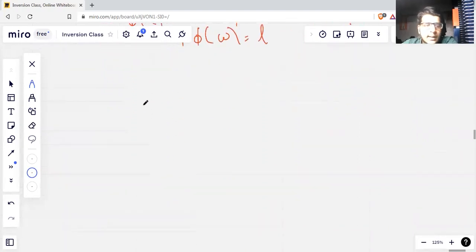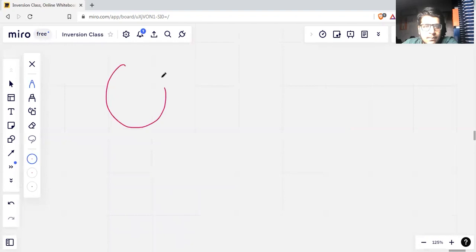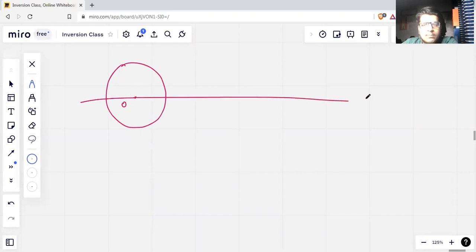How about we consider a circle which does not pass through the center? Okay, so this is circle gamma, this is circle omega. Also, this pink line is drawn such that it is the diameter of omega.